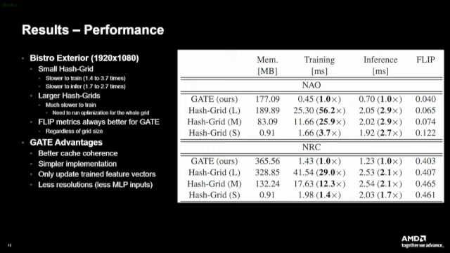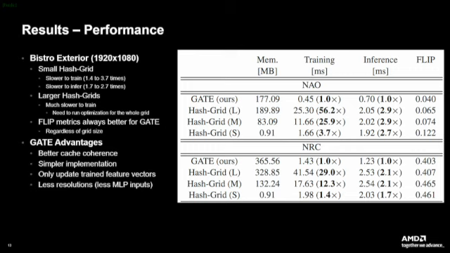If you want to look at equal memory comparison, it's the first two rows, hash grid large and hours. But those are hugely in favor for us. The training performance is very, very slow for the hash grid, and it's because we use that implementation which executes the compute dispatch over all of the entries.